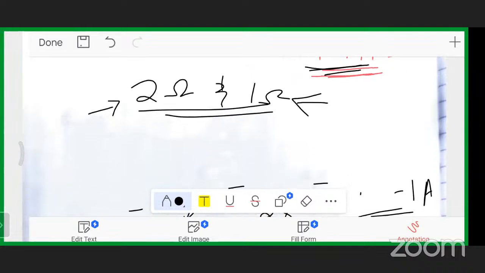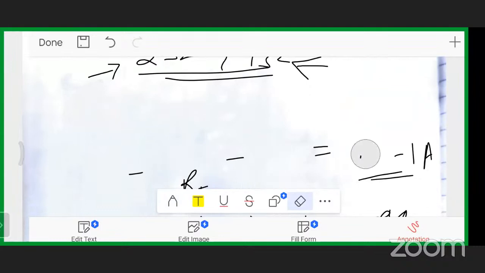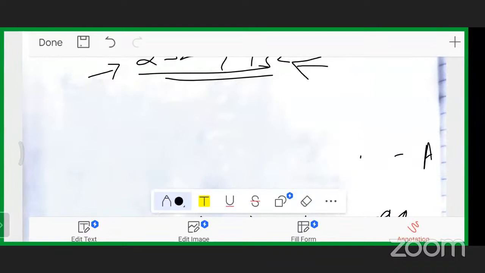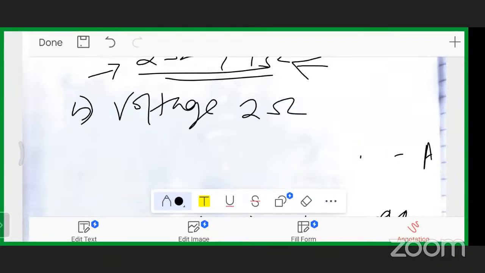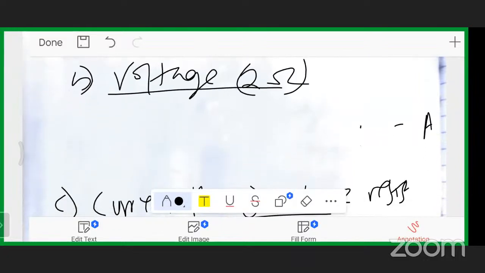If you want to find the potential difference across the 2 ohm resistor, you can have that as a question. Use the formula V equals IR.